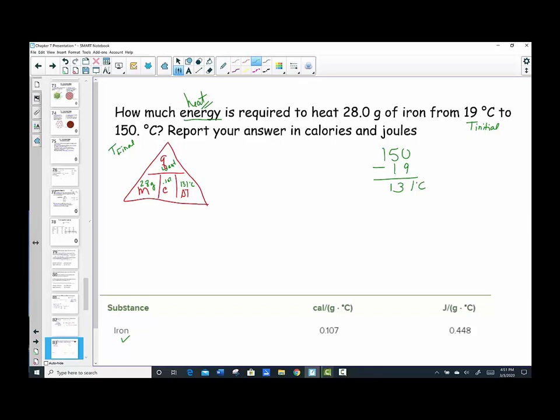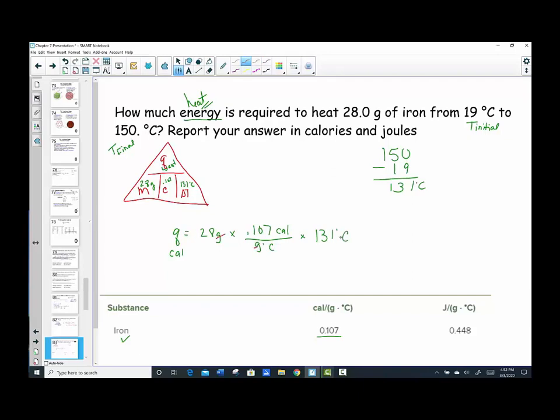So heat measured in calories, we'll use 28 grams times 0.107 calories per gram degree Celsius times our change in temperature of 131 degrees Celsius.